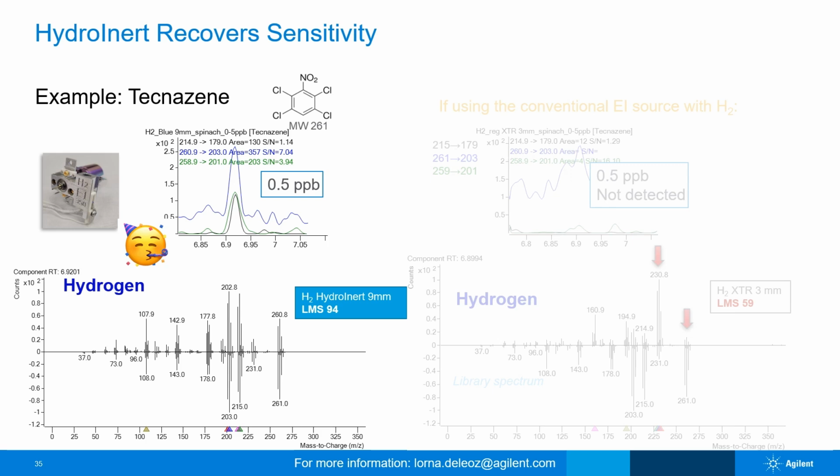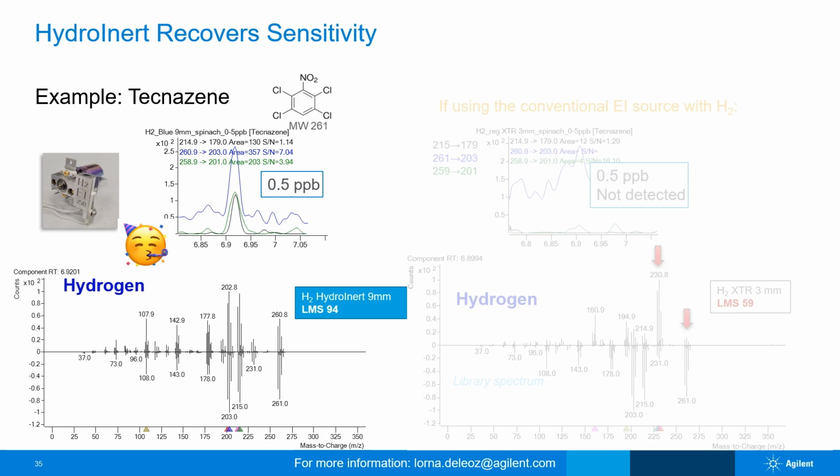The solution is to use the hydro-inert source that was specifically designed for the use of the hydrogen carrier gas while keeping the same configuration of the extractor source. Its added inertness prevents the undesirable chemical reactions in the source and enables us to observe the same mass spectrum with hydrogen as we did with helium. The spectrum is exactly the same as in the library if you use the hydro-inert source.